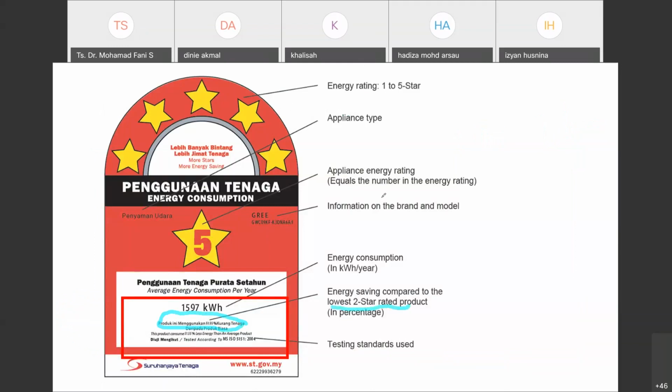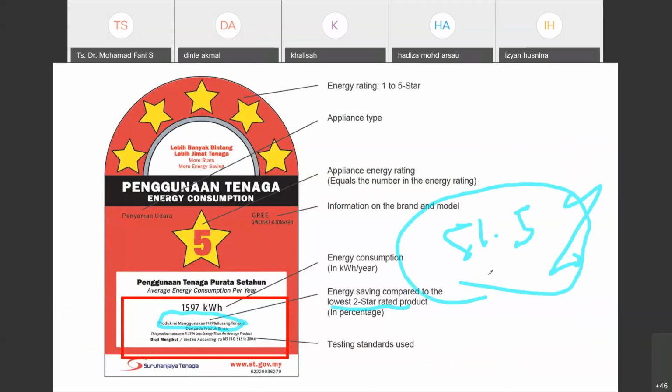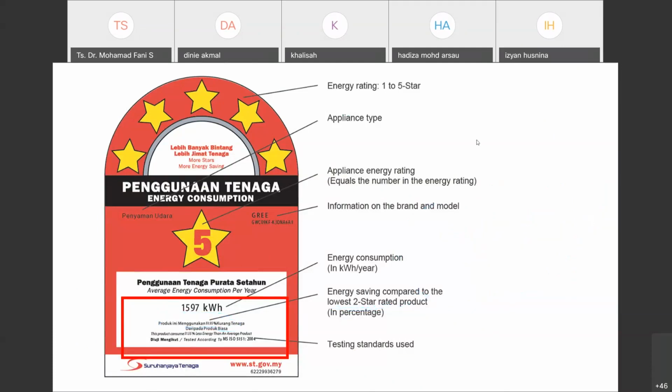If we use this 5-star, then that's the opportunity to save about 21.5%. So from here, we can calculate the simple payback period for the suggestion to the community, to the house owner.